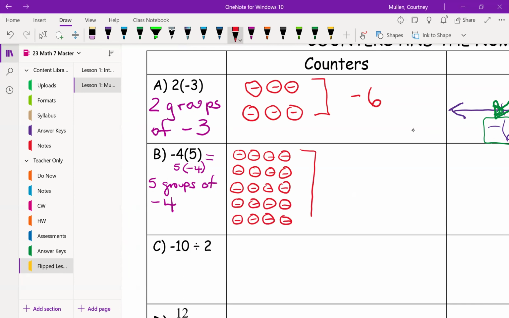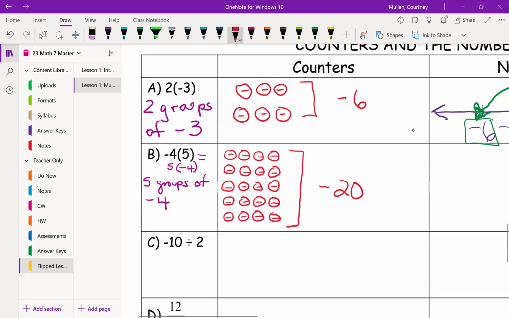Well, if we look, how many counters do we have? That's right, we have 20. And are they positive counters or negative counters? They're negative. So the product of -4 and 5, or 5 and -4, is -20.